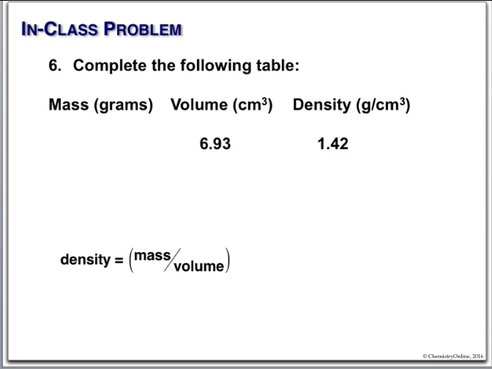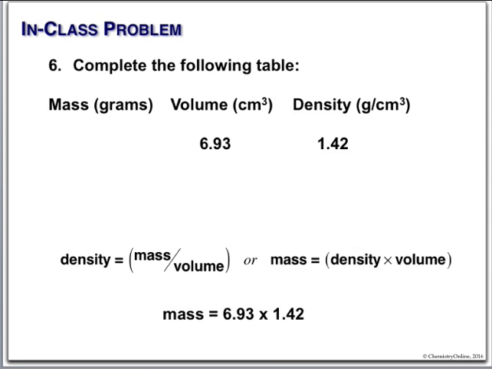All right, so density is mass divided by volume. Here we have to simply solve for mass. Do this algebraically. Volume times density is mass. So we just plug in our numbers here. Our volume is 6.9, our density is 1.4.